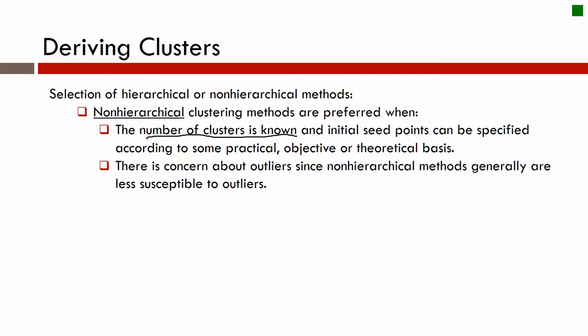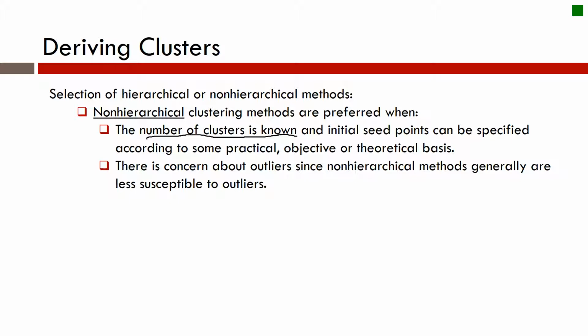When clustering is done, typically observations are entered into the system and then distances are calculated, and then new observations are entered and new distances are calculated, and so forth. So this is an iterative process where data is analyzed, reanalyzed, and analyzed again.